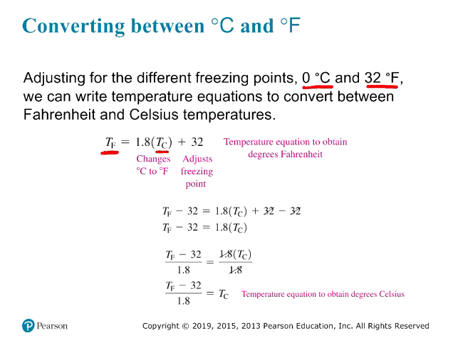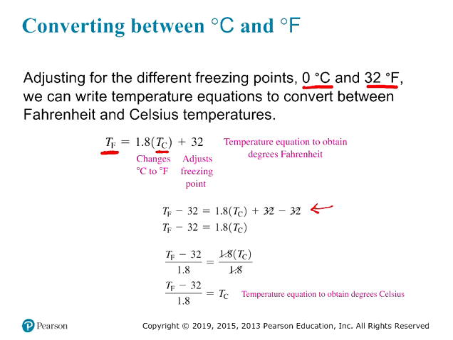Okay. Now what if we have to go in the opposite direction? What if we're going from Fahrenheit to Celsius? Well, this is an algebraic equation, so we can just isolate the temperature in Celsius by rearranging and moving things around. So the first thing to do is subtract 32 on both sides. So that's this step shown here.